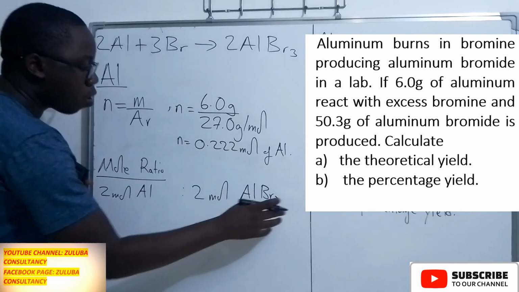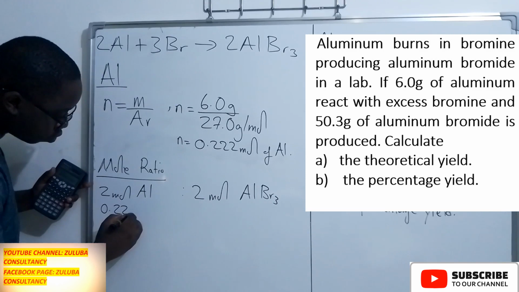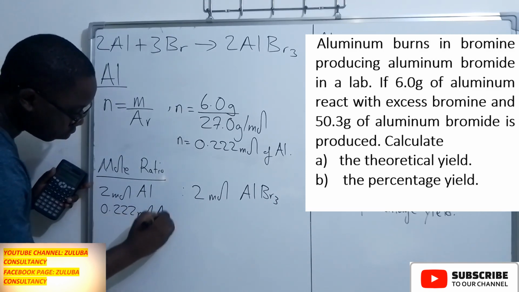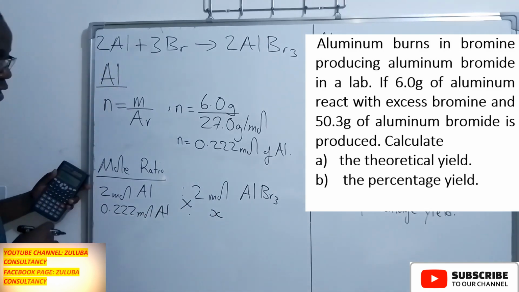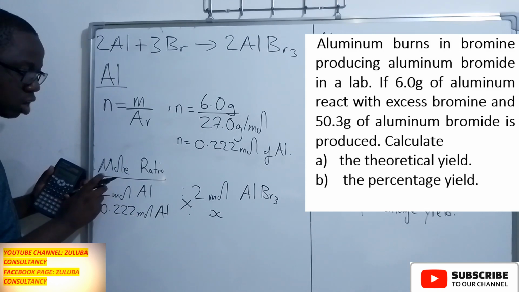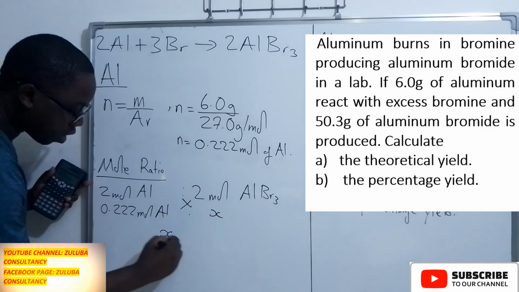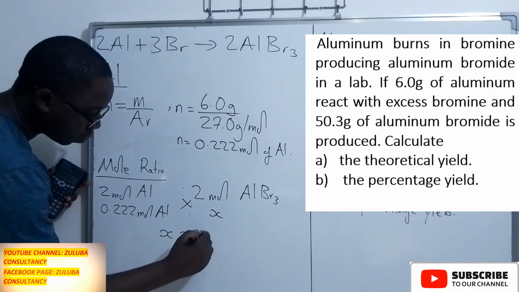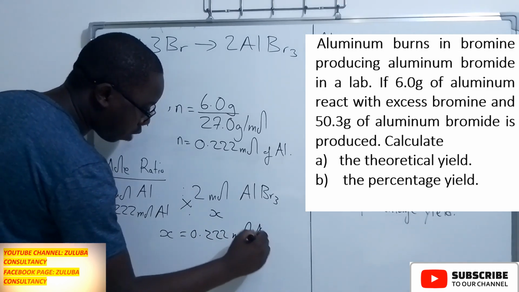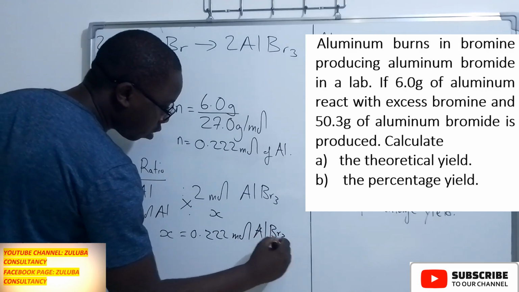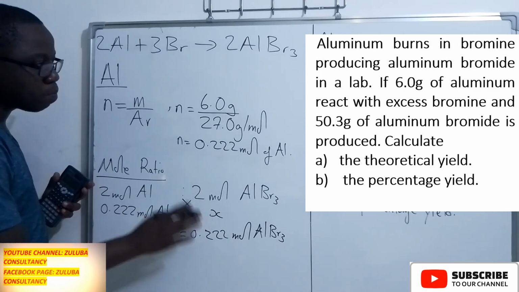How much aluminium bromide will be produced? If we have 0.222 moles of aluminium, how much will be produced on this side, which is basically X? Now you can notice that this is basically a 2 to 2 mole ratio. So we can simply say X will be again 0.222 moles of aluminium bromide. So this is the number of moles of aluminium bromide that can be produced.